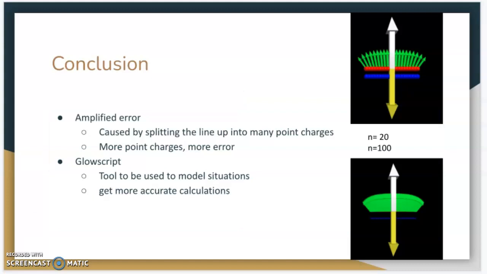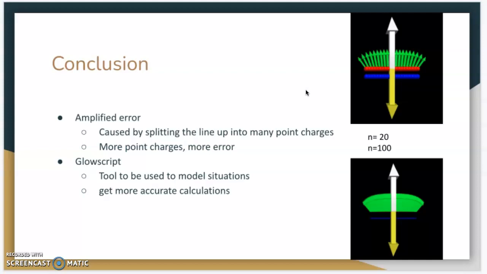The first conclusion I drew was that splitting the line charge up into more and more pieces actually amplified the error. I'm not 100% sure why this happened, but I was thinking it was most likely because more and more point charges meant more and more error in between each one. As you can see in my two pictures to the right, just how great the error could be, because you could end up splitting up into very many pieces.